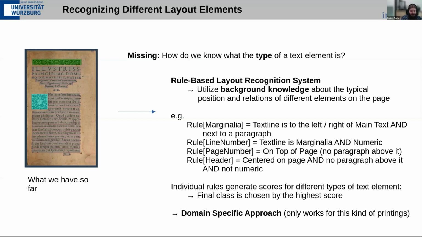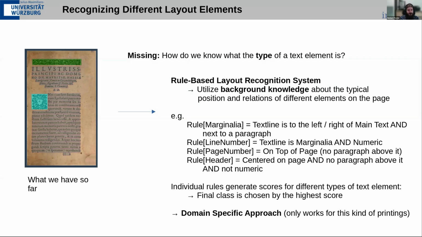These rules would then separate the marginalia from the main text line and split it into two individual text lines. And then we would do another iteration of our system in order to classify the newly generated lines. The system in general works so that each rule applies a score for each text line element, and the final class in the end is chosen by the rule that has given the text line the highest score.